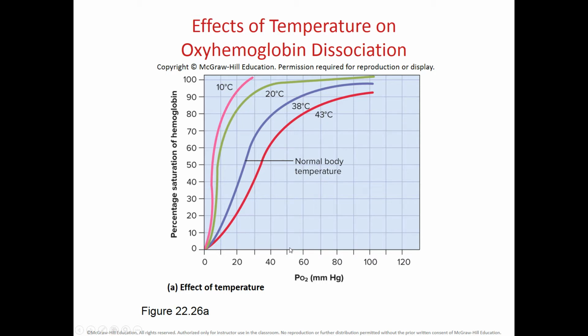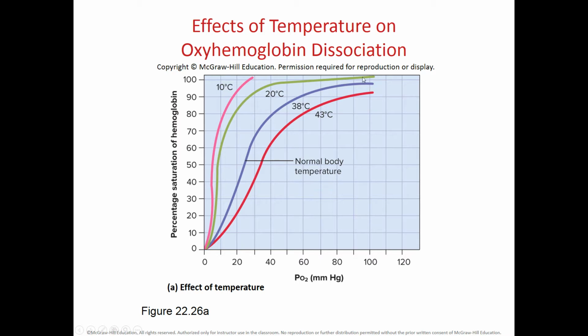So several things can affect the association of hemoglobin to oxygen, like temperature. So at a normal body temperature in this graph, you can see that you have, as it's depicted here on the y-axis, almost 100% saturation of hemoglobin with oxygen molecules.